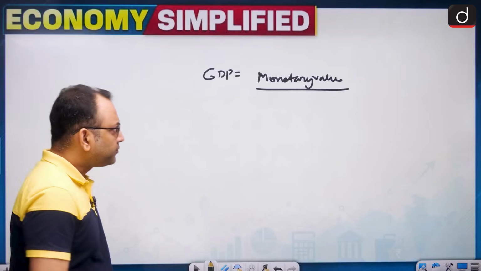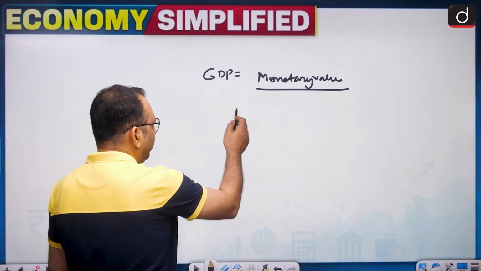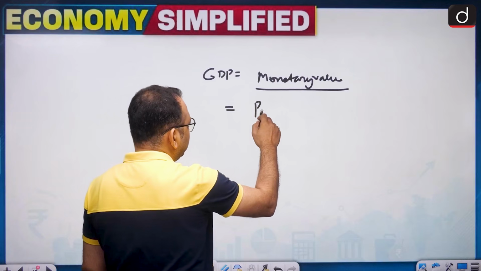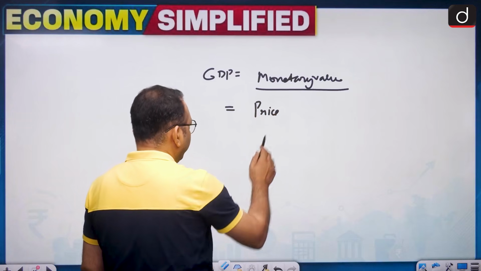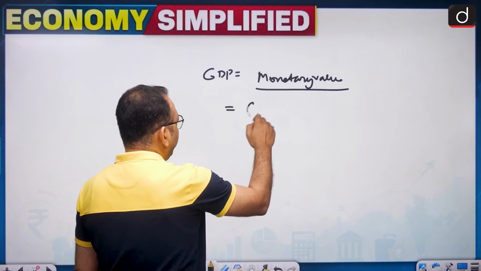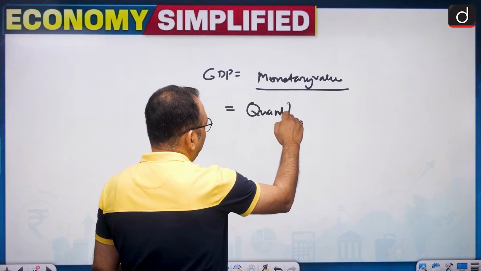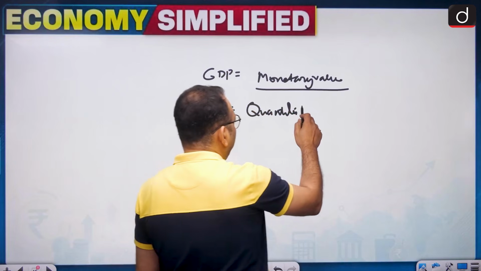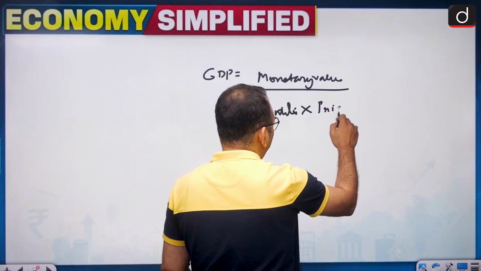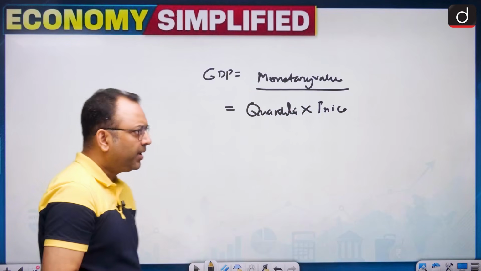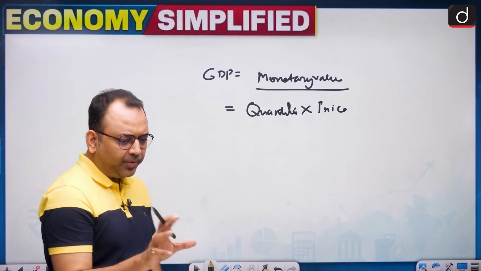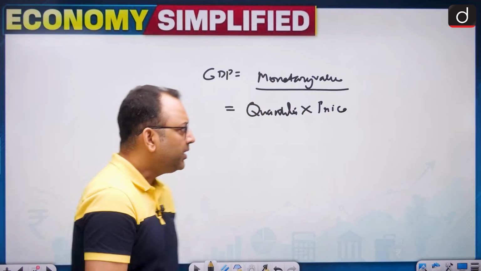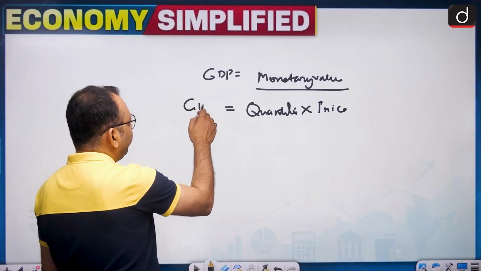GDP is a monetary value, or we can say we measure the quantity of the produce in a given year and multiply it by the price of the product in that same year. So multiplying the price of a product by the quantity will give me the GDP.